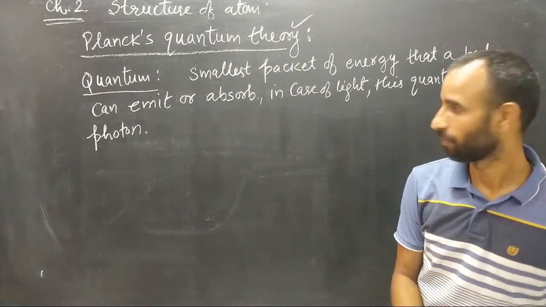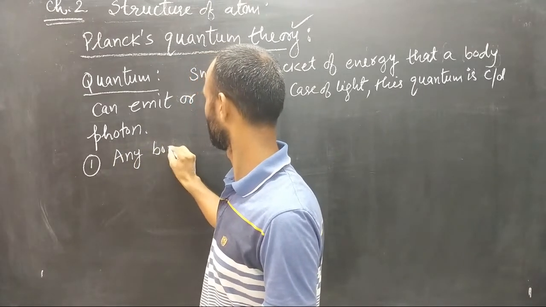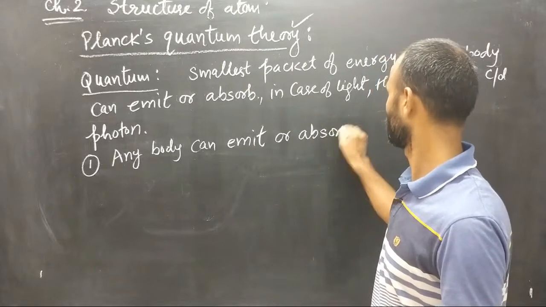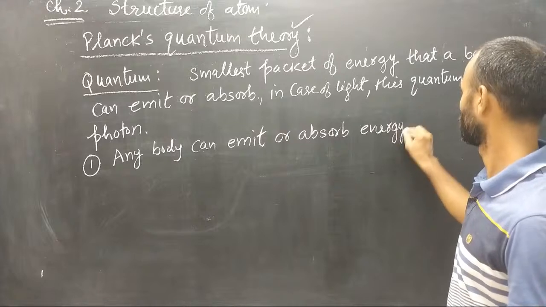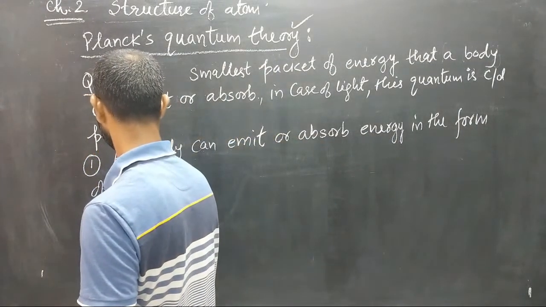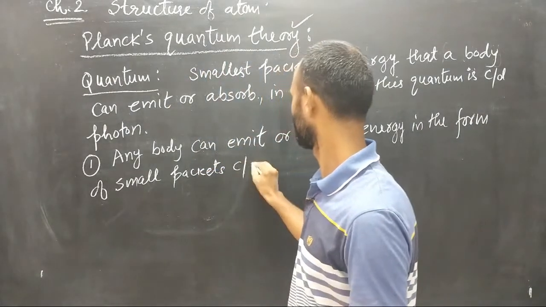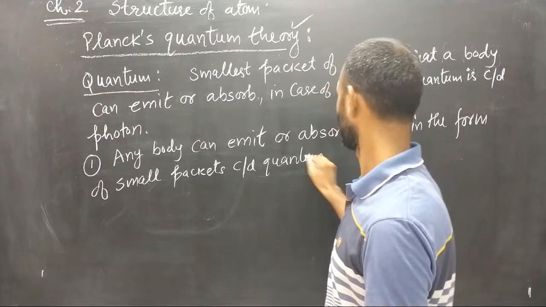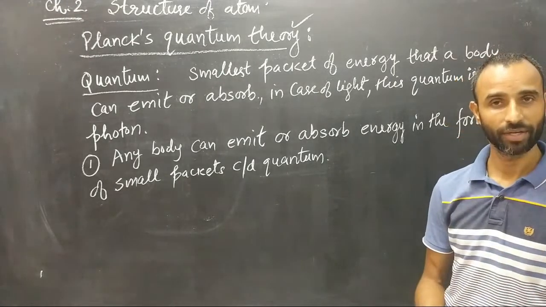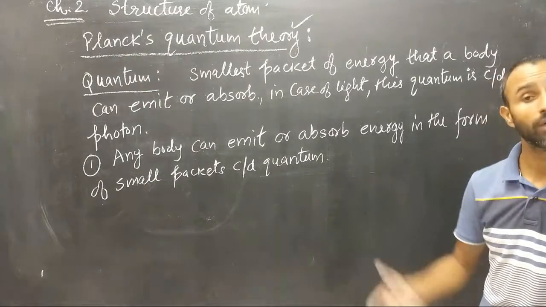Now, what is this theory? So according to this theory, the first postulate is that any body can emit or absorb energy in the form of small packets called quanta.